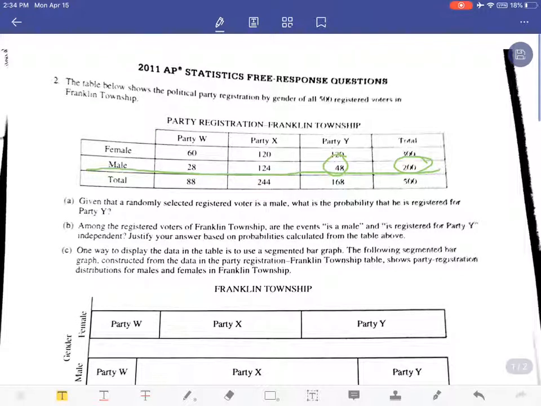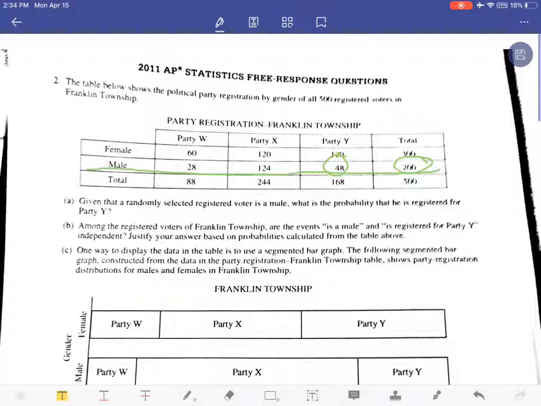Now, part B, it says among the registered voters of Franklin Township, are the events "is male" and "is registered for party Y" independent? So we've talked about this a little bit, and we're going to talk about it a lot next week with some new lessons that we do. But when you're dealing with independence, essentially what that means is that two events aren't going to affect the probability of the other.